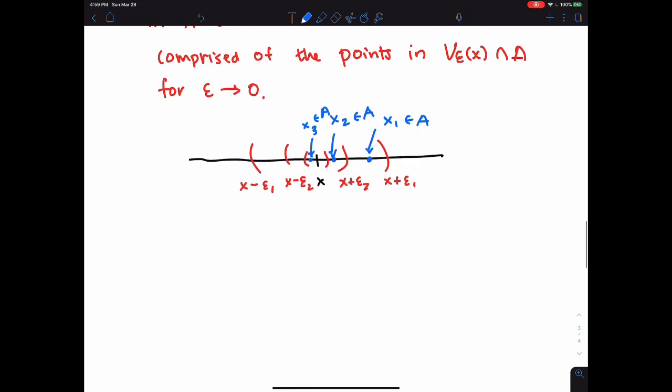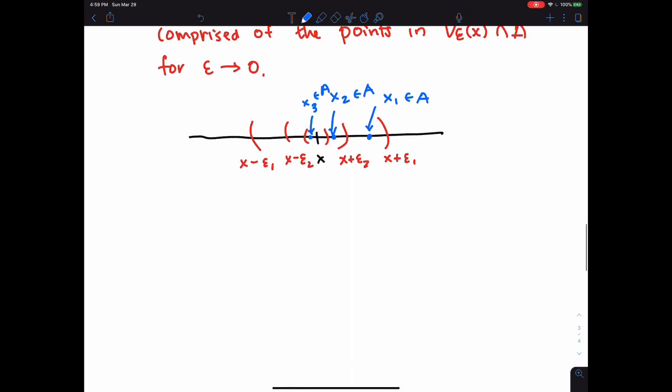So what we need to do is come up with a descending sequence of epsilons, and for each of those epsilon neighborhoods, choose a point that we know exists in A based on our assumption to put in our sequence. And then, since these epsilon n's are going to go to 0, the x n's that we're picking here are going to have to converge to x.